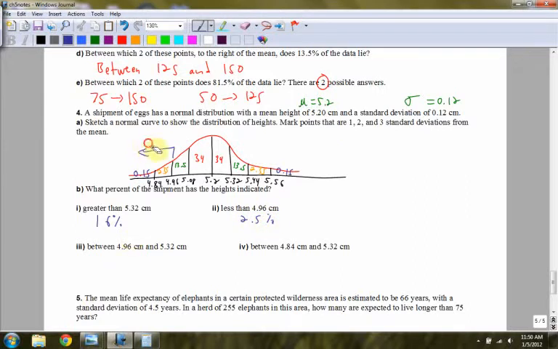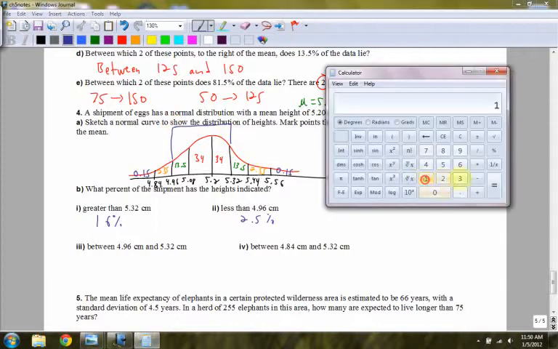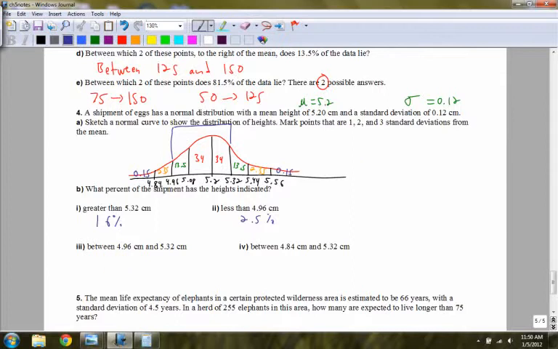Between 4.96 and 5.32, so we're going from here all the way to 5.32, which is here. And we're looking for the values between. So we get 13.5 plus 34 plus 34 is 81.5. And then lastly, between 4.84, which is down here at the bottom, and 5.32, which is right here.